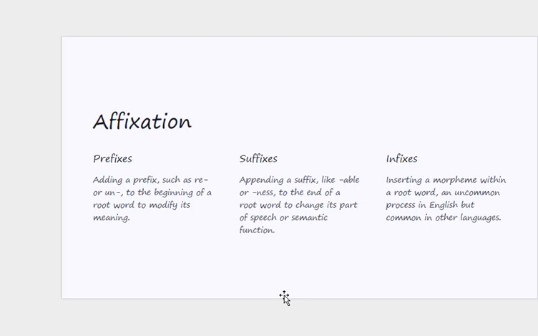Affixation refers to the fixing of certain components to a root word. If something is being added before the root word, the original word, we call it the prefix. If something is being added at the end, we call it a suffix. And if it is in between, we call it an infix.